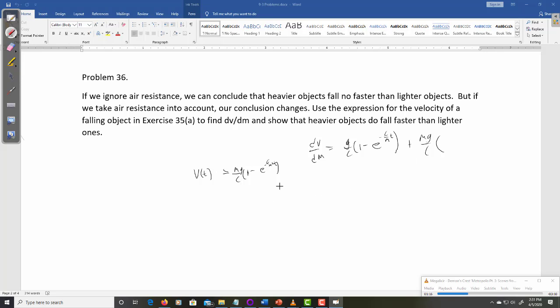Take the derivative of this. The derivative of 1 is zero. Derivative of the inside, the e part: you're going to bring the derivative of the exponent down. So it's going to be plus e to the negative c over m t. I think we ought to be able to do some combinations here. I can pull out the g over c.